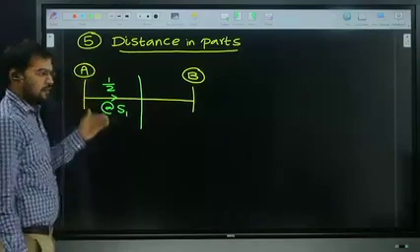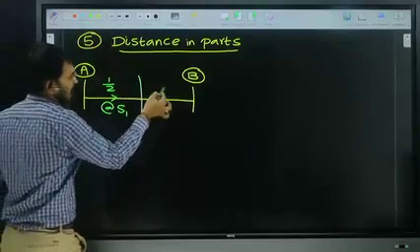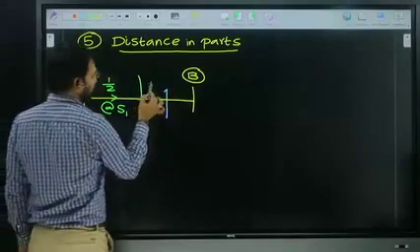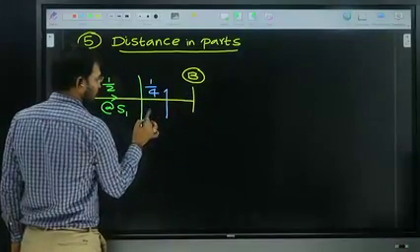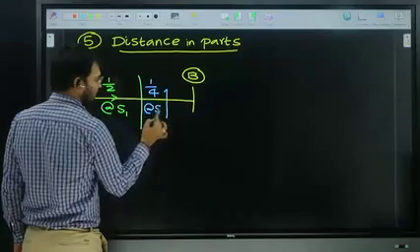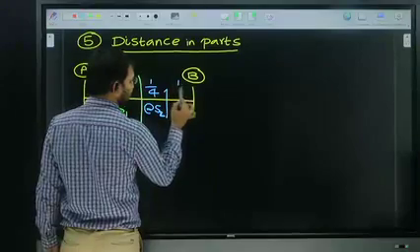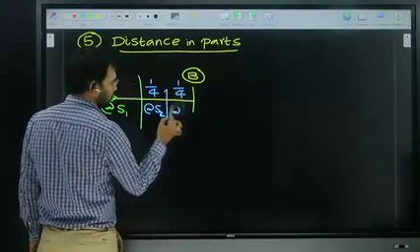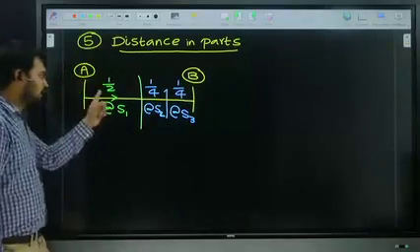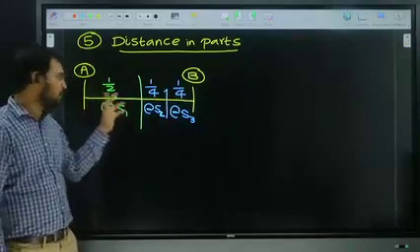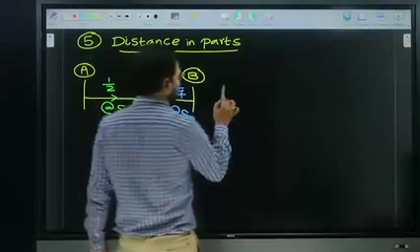The remaining is also half, but half of the remaining distance, which is 1/4. 1/4 of the distance they travel with s2 speed, and the rest of the distance, which is 1/4, they travel with s3 speed. Here the distance is given in terms of parts. They provide these variables, and they may ask for the average speed.